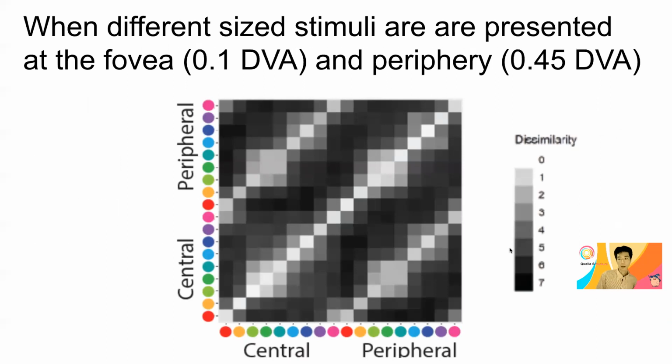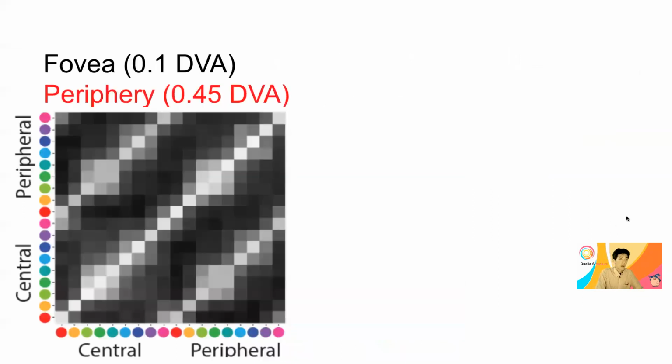All right, so this is the data that I showed in the last slide from Ariel's study. This basically shows that the color similarity structure is the same in central and peripheral vision. And just to recapitulate, the size of the stimulus is quite small. It's roughly 1/10 of the thumbnail size.